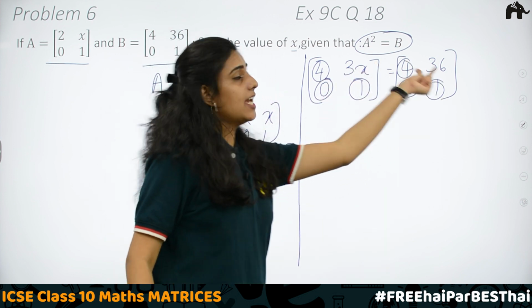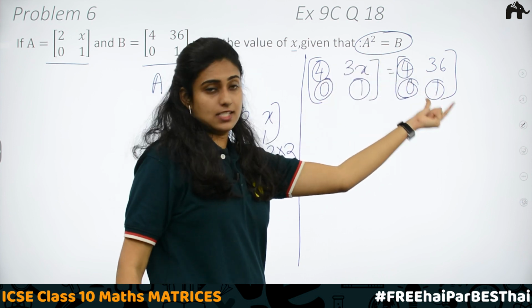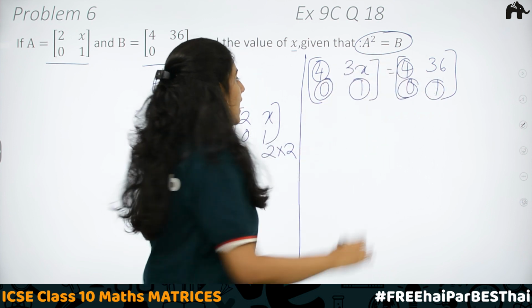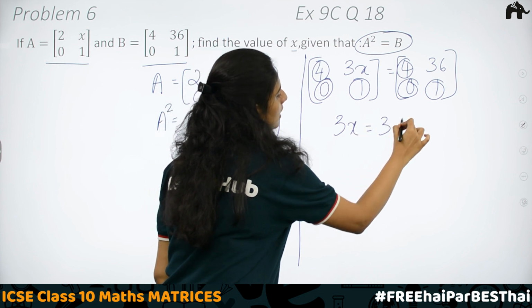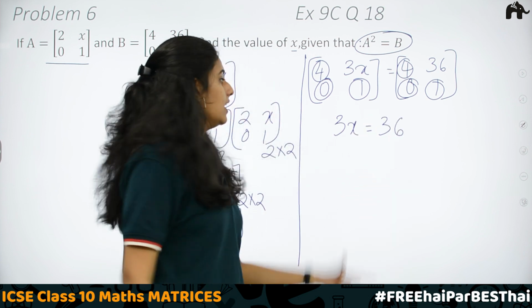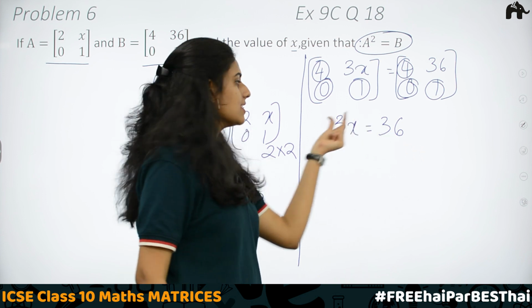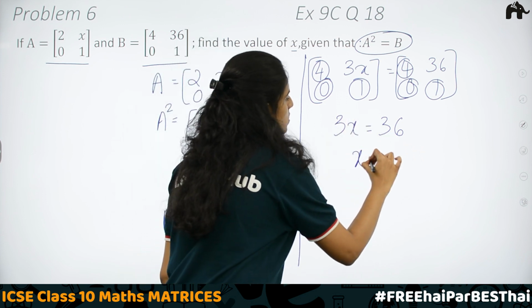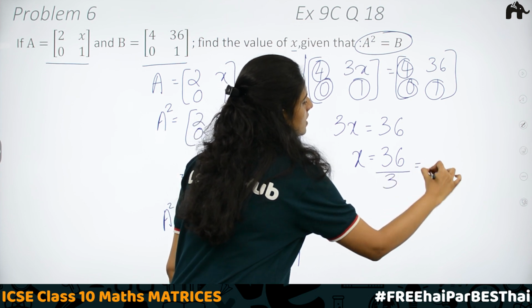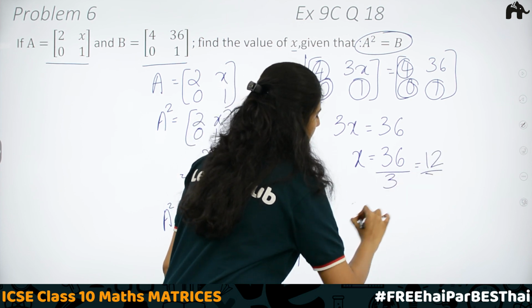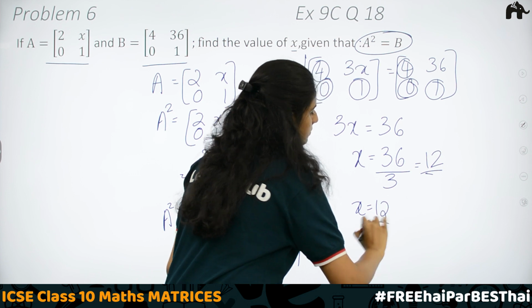Now the second element from both the matrices, we can equate them and find the value of x. 3x will be equal to 36. If 3x is equal to 36, what is x? x will be equal to 36 divided by 3, which is 12. The value of x is equal to 12.